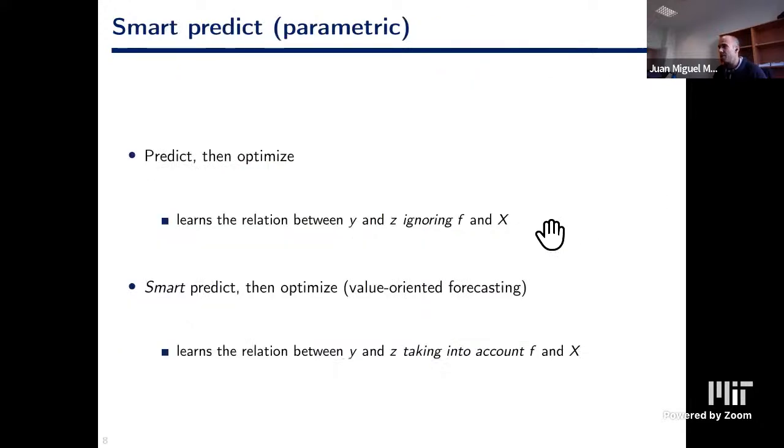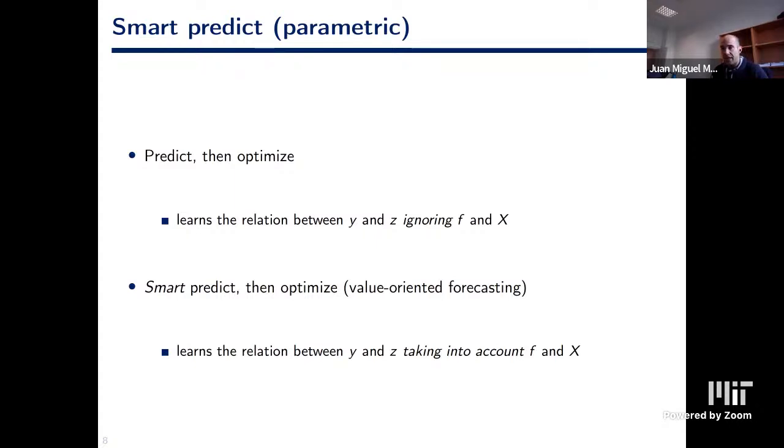Okay, but this presentation is about power system operations. So now I'm going to discuss an example taken from power system operations, where we're going to see what I mean by value-oriented forecasting, or smart predict then optimize.